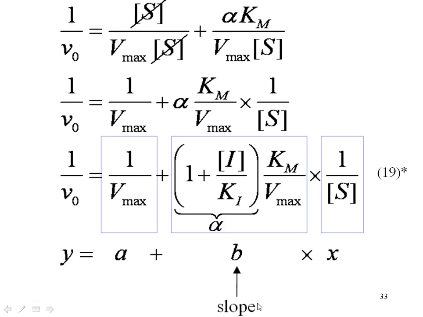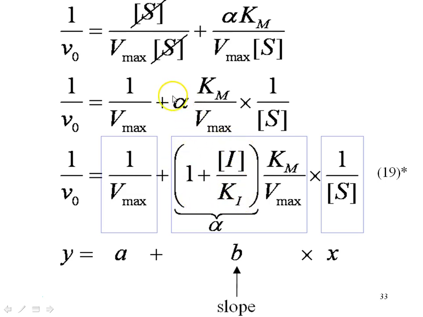If I divide each term in the numerator of the previous equation by the denominator, I get S over Vmax S plus alpha Km over Vmax S. So I can cancel the S from the first term. It will become 1 over Vmax, and alpha Km over Vmax, times 1 over S. Now remember that alpha is nothing more than 1 plus the inhibitor concentration over the dissociation constant of the enzyme-inhibitor complex.